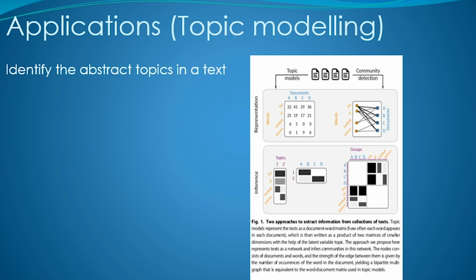So what we do is we just have document and words and find out which words occur in which document, and based on that you create a small graph, and based on that you try to identify the document, and also you consider the frequency of each of the words.